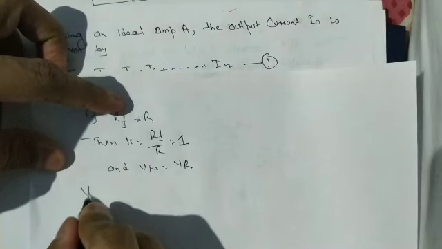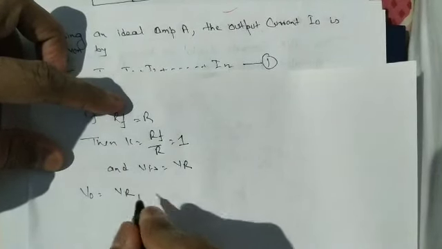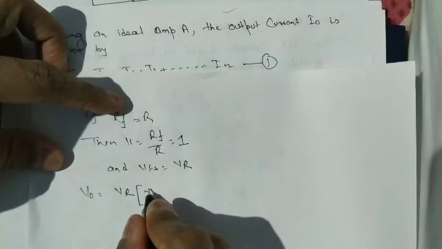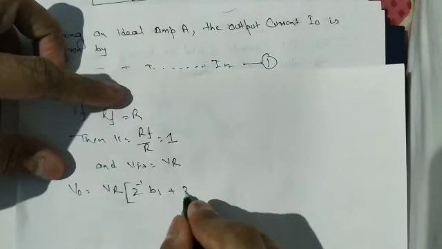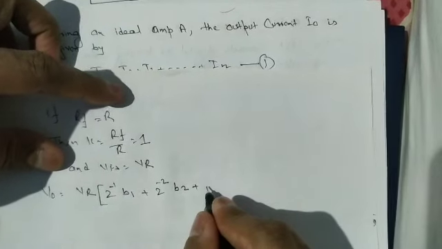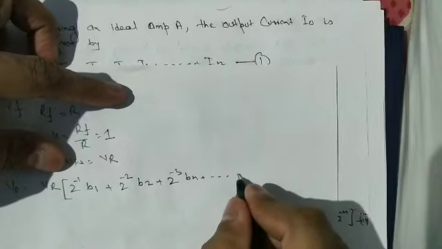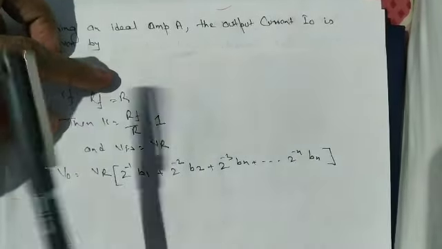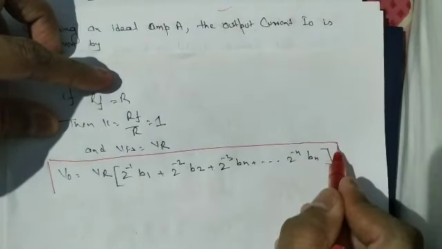So the final equation: V0 equal to VR times 2 to the power minus 1 b1 plus 2 to the power minus 2 b2 plus 2 to the power minus 3 b3 plus dot dot 2 to the power minus n bn. So this is the expression for analog output V0.